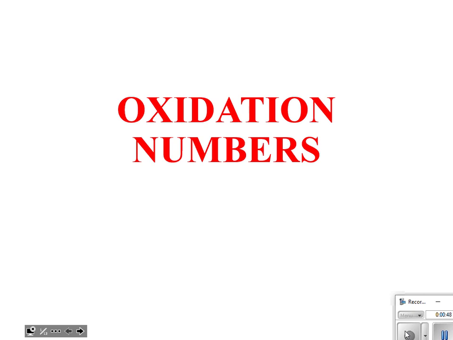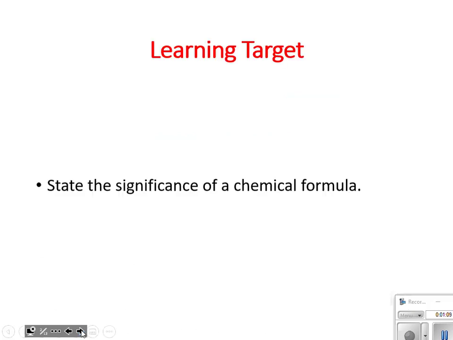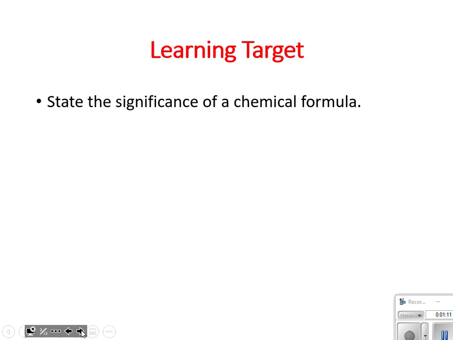So we're going to talk about these oxidation numbers, but let's first discuss once again some learning targets and some success criteria. Well, obviously, we haven't changed anything with our learning target. We're still on nomenclature, so our learning target is still going to be that we need to be able to state the significance of a chemical formula.